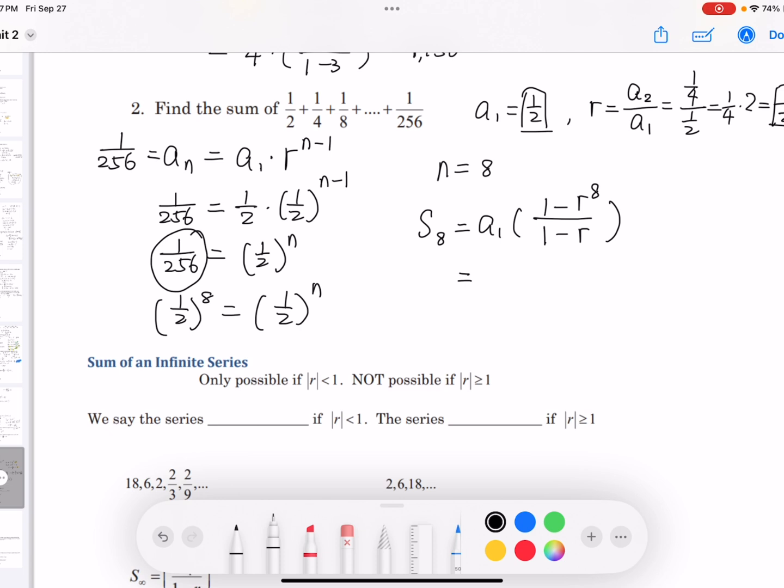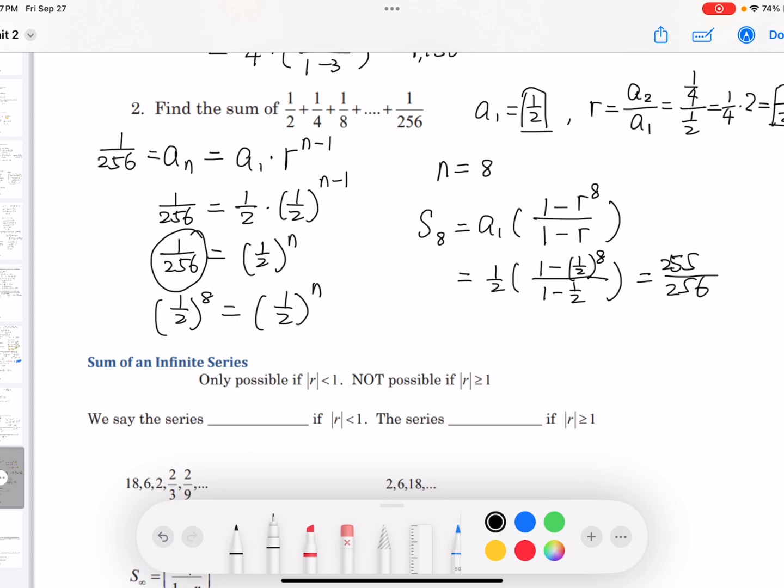We're going to have 1/2 times 1 minus 1/2 to the 8th, all divided by 1 minus 1/2. We can do the computation. The solution is equal to 255 over 256.